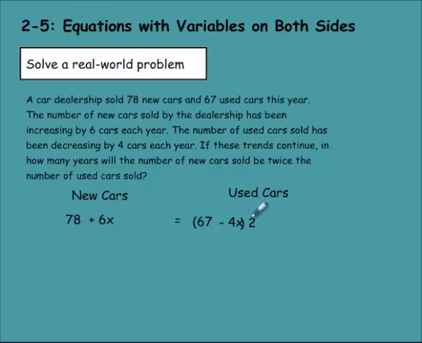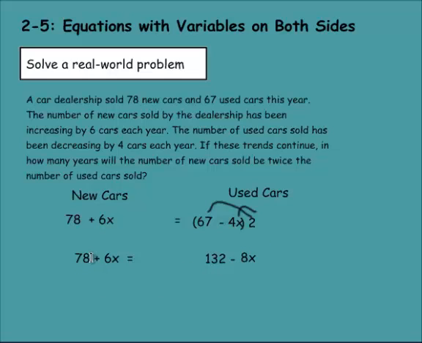So let's do that distributive multiplication to start solving this problem then. 67 times 2, that would be 134 minus, moving that subtraction over, 2 times 4x, which would be 8x. Then we have 78 plus 6x on this side. And that equals 134 minus 8x.